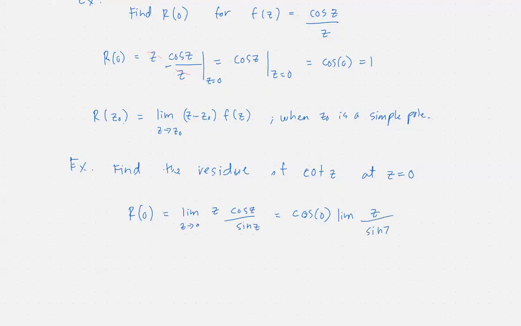Remember, this is equal to 1. And remember in calculus, the limit of sine x over x is just 1 as x approaches 0. So this is just going to be 1 times 1, right?